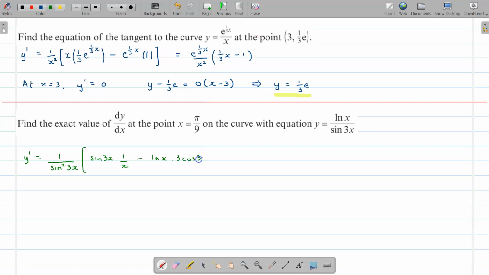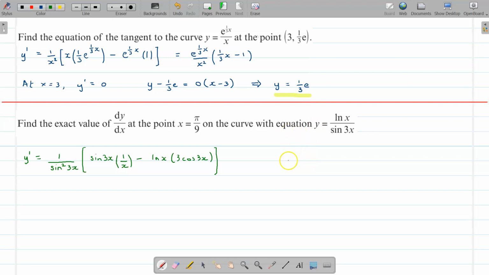Now I'm using some spacing there and a little dot, but if you want to be really clear, you can always separate these parts with brackets, just to make your intentions absolutely clear. Now that's unsimplified at the moment. Various things you could do with that.